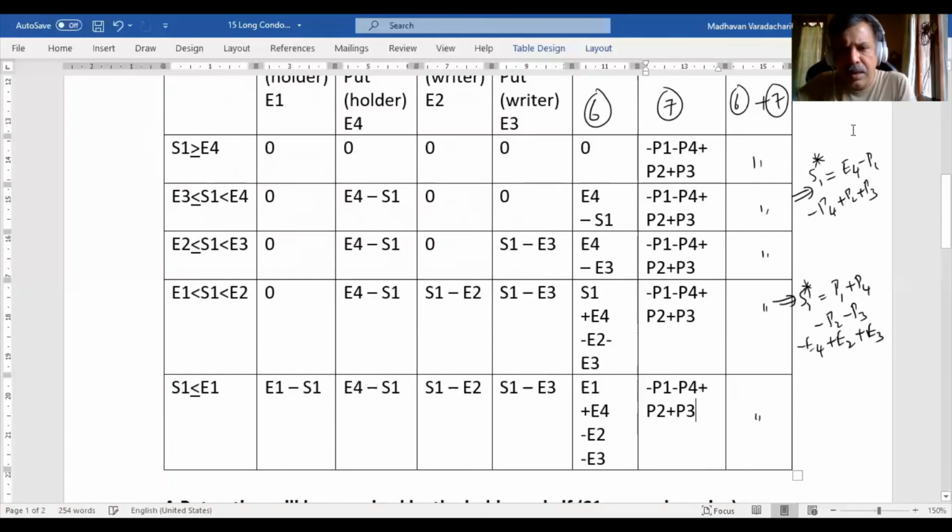That will be your break-even price, because I am going to equate this entire thing to 0. So S1 I'll retain on the left side, rest everything I'm taking to the right side. That's why these signs I changed. And then here I just took S1 minus S1 to the other side. Rest everything remains the same. So that's why I wrote like that.